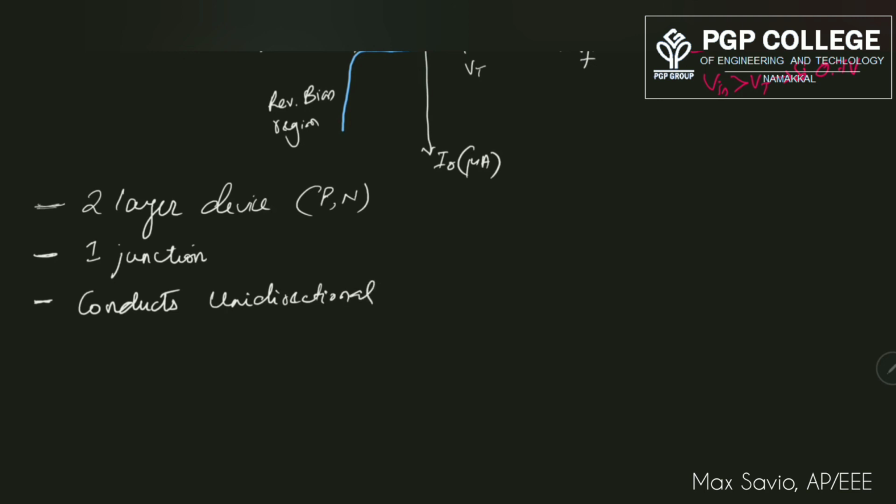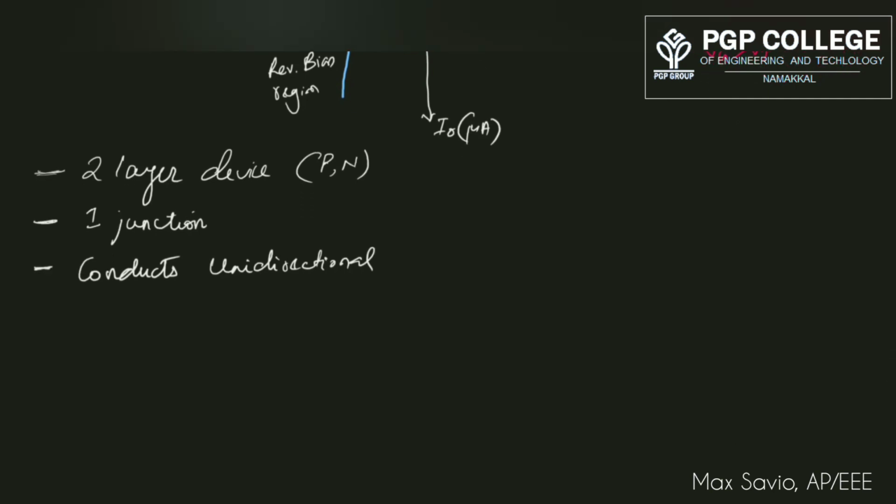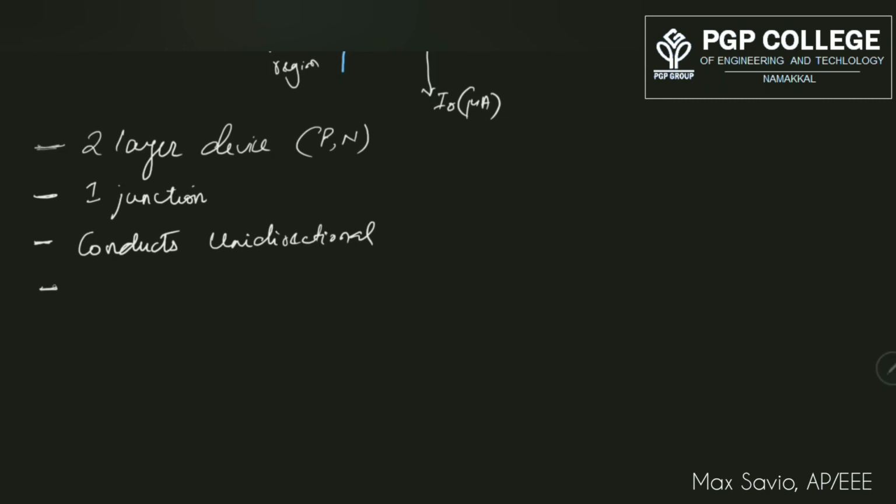So you can say the PN junction diode is a unidirectional device. For conduction, only forward bias is allowed. Forward bias is used for conduction. So this is your PN junction diode.